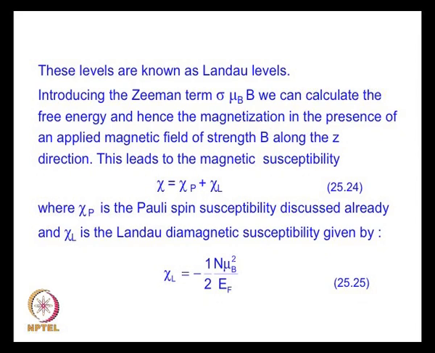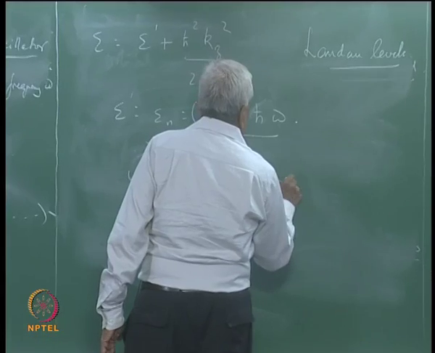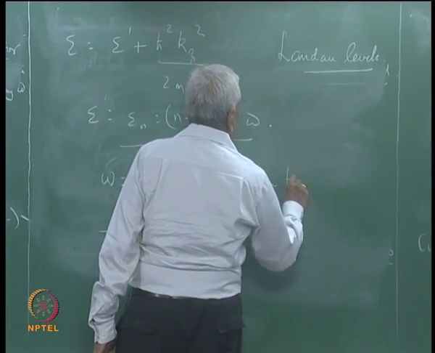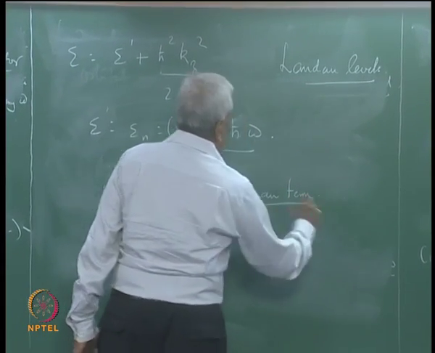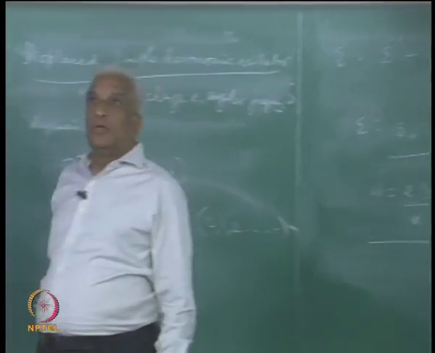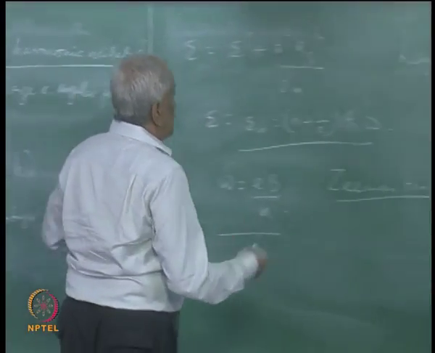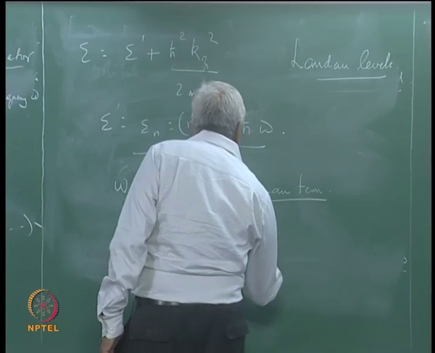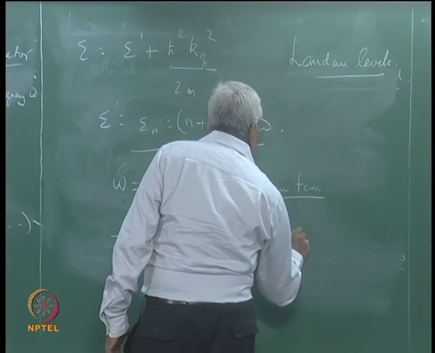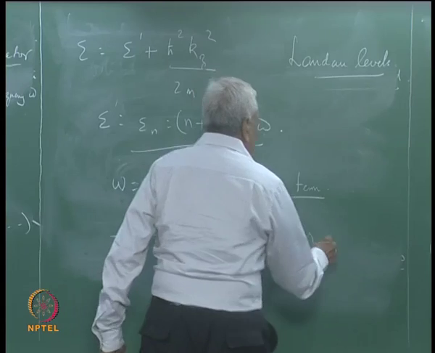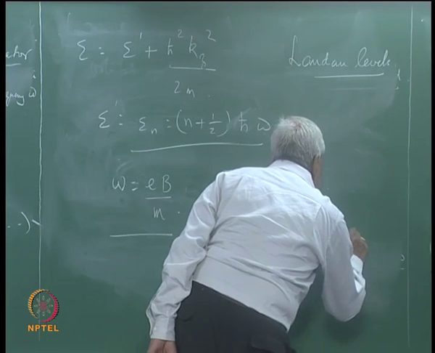The result of this is that now we have to add the well known Zeeman term to this and find its effect. The usual procedure is to calculate the free energy in terms of the partition function.